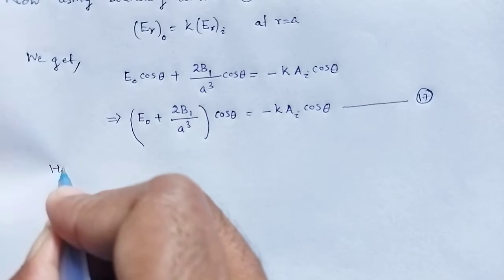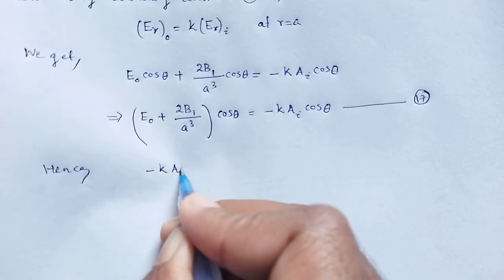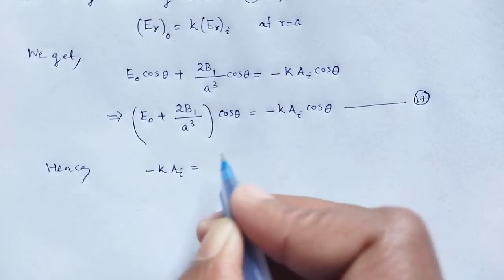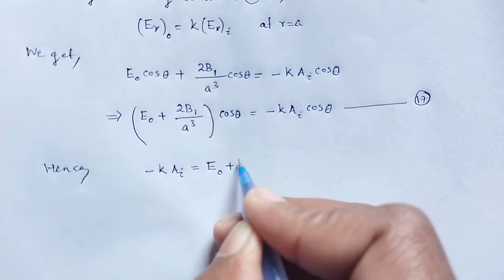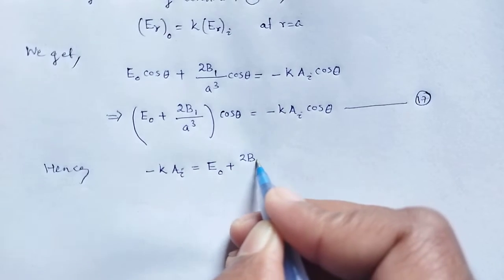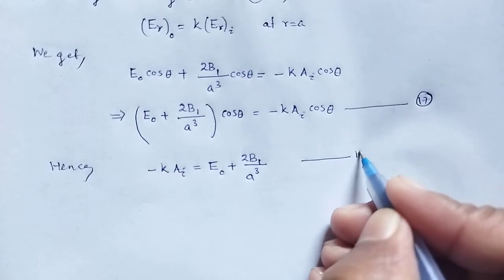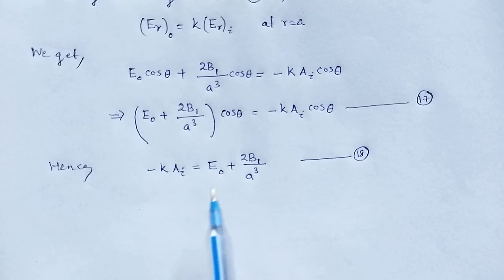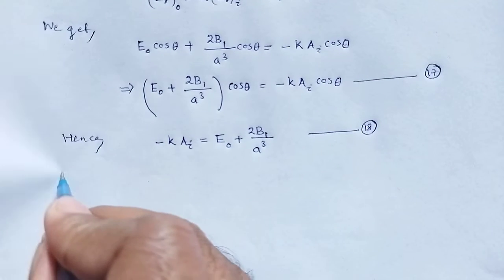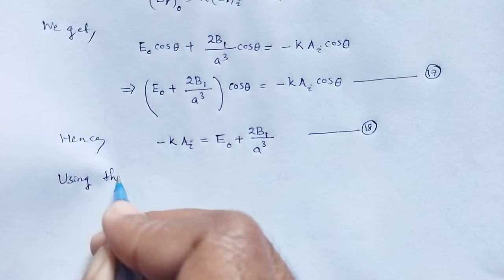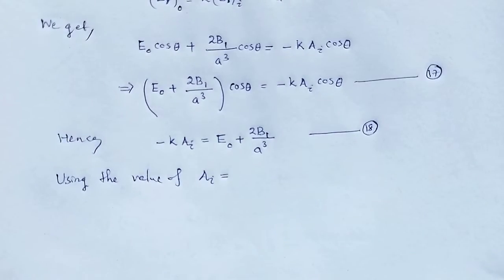Hence minus K A I is equal to, comparing the coefficient of cos theta, E naught plus 2 B1 divided by A cubed, equation number 18. Now using the value of A I here, what is the value of A I?